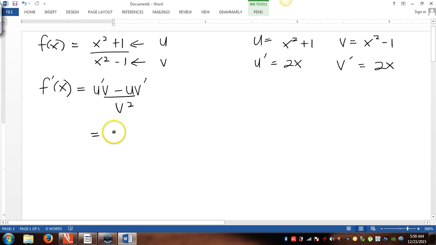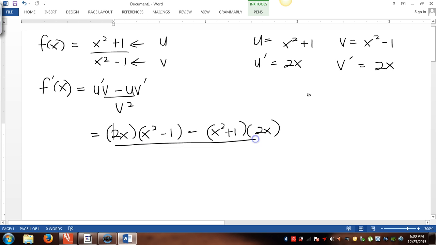Okay, so substitute every piece of information into the formula. u prime is 2x, and v equals x squared minus 1. This is your u prime v minus u v prime, where u equals x squared plus 1 and v prime is 2x, over v squared. So v squared equals x squared minus 1, squared.